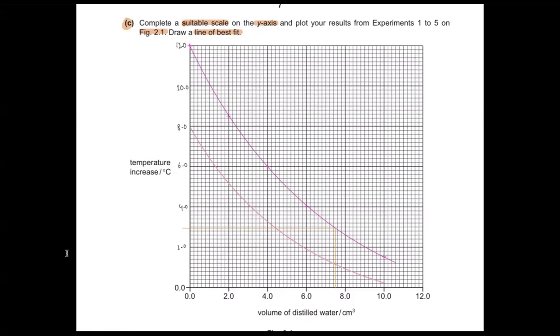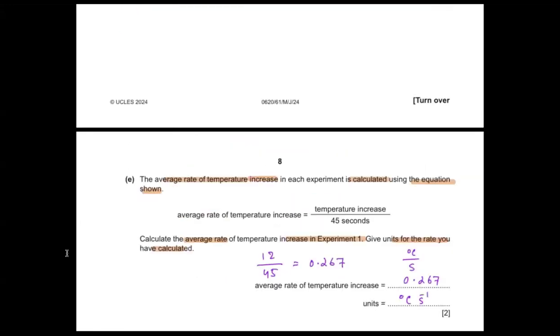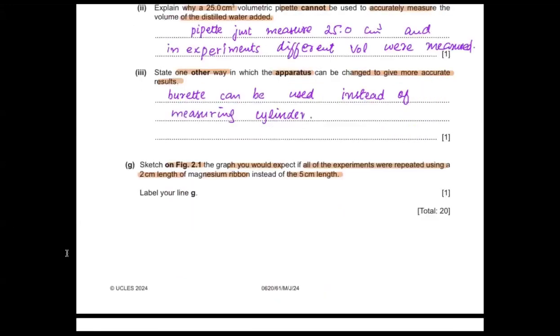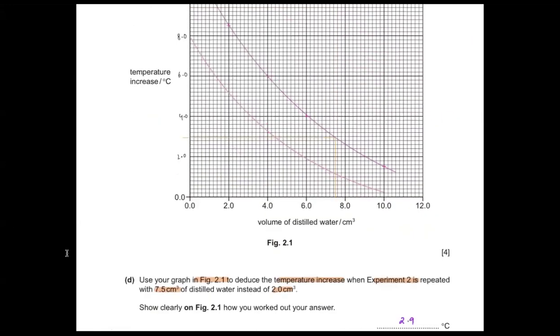Can we start from 6 degrees Celsius instead of 8? Yeah, it can be, start there. They haven't mentioned anything, so you can start at any point, showing that obviously when a smaller mass of magnesium has been used, it is going to give you a lesser increase in temperature, right? Okay.